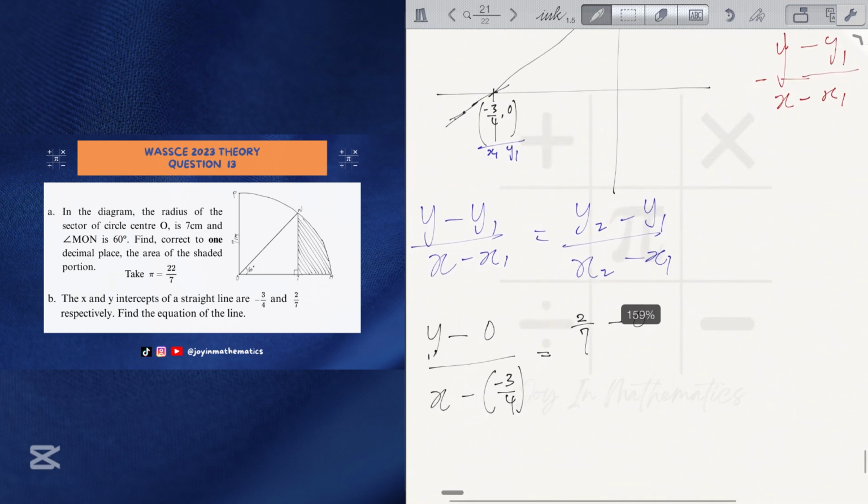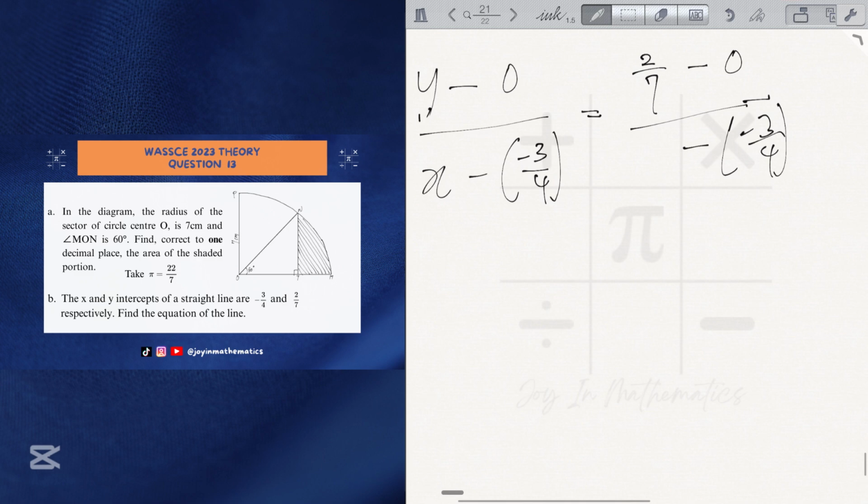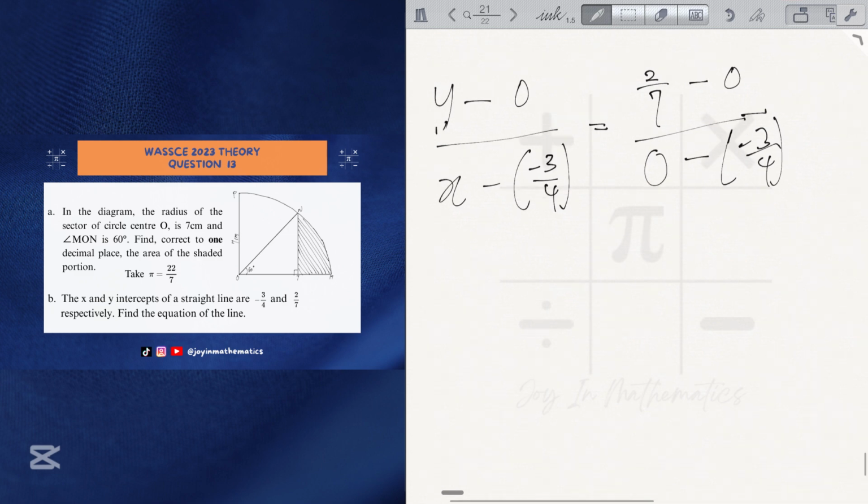And x2 is 0 and x1 is minus 3 over 4. So with this now, we can simplify further.